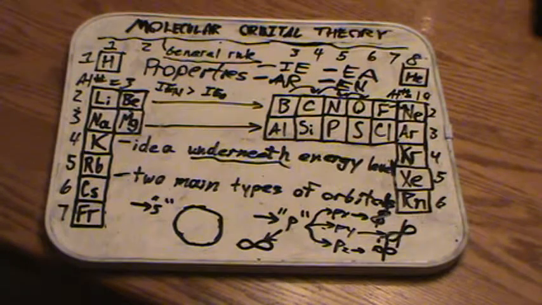Okay, so what do the orbitals represent? Well, there is an abundance of physics research that has been done in the last 100 years on exactly what an electron does underneath the atom, what it does in its energy levels, what it does in its orbitals.